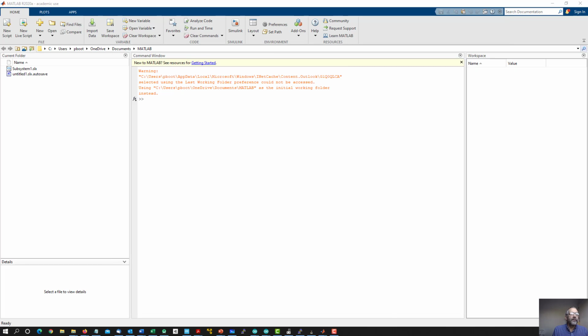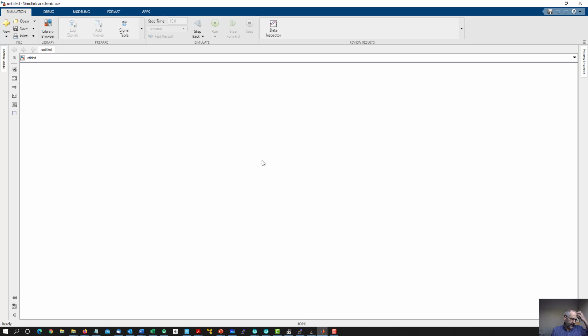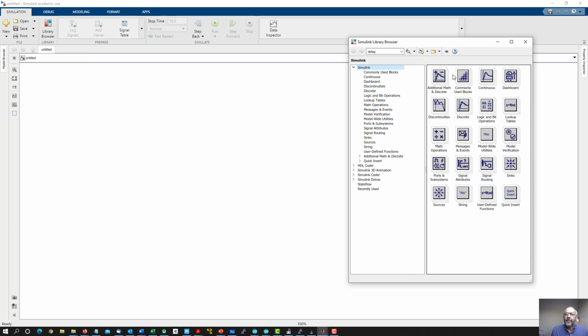But again, it's on the screen. Here we have it. This is a canvas on which we can start adding components, and the library of components is over here.